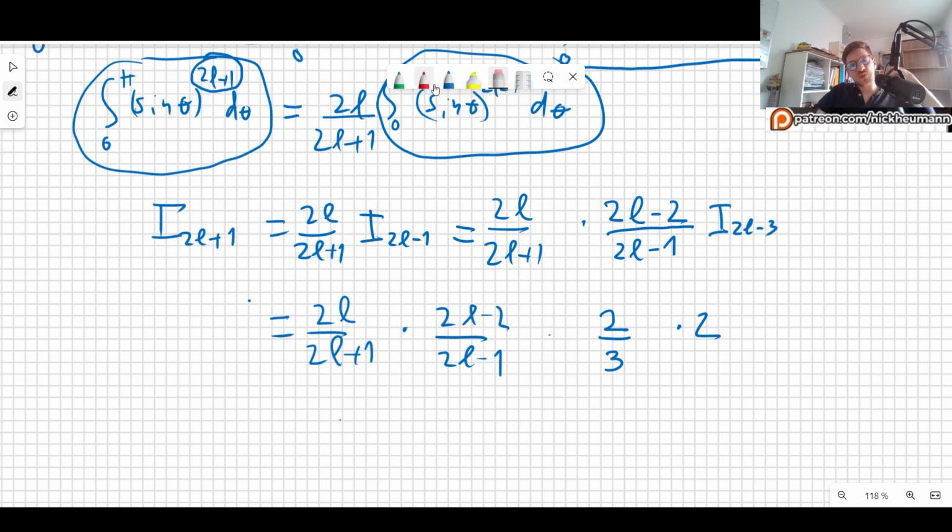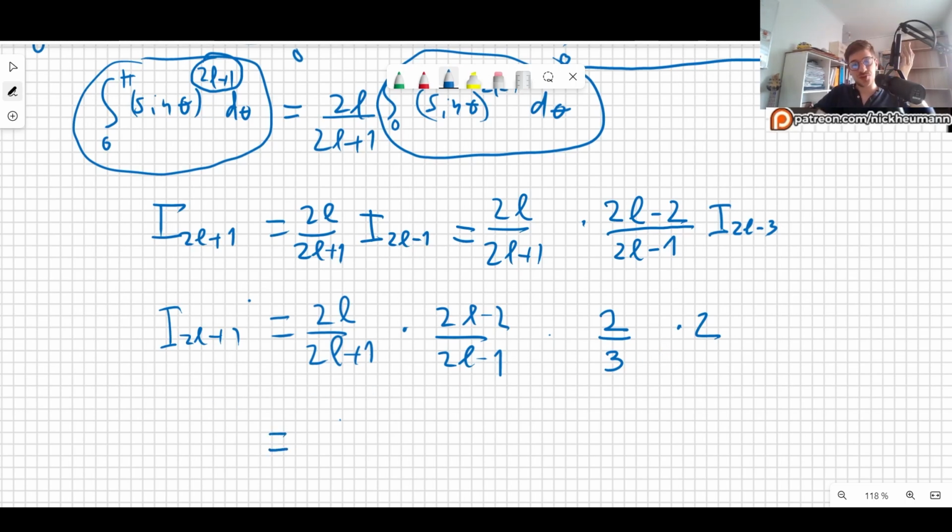Now the question is, how can we write this in a more compact way, not just as this product of so many terms? Notice what we have: 2L plus 1, 2L minus 1, 2L minus 3, 2L minus 5, all the way down to 1. This kind of looks like a factorial, except we are missing some terms.